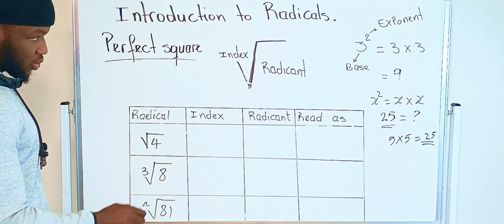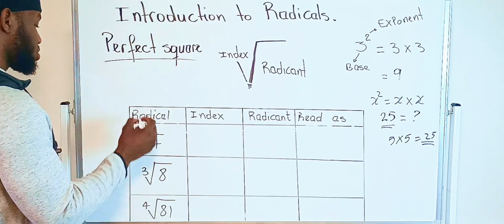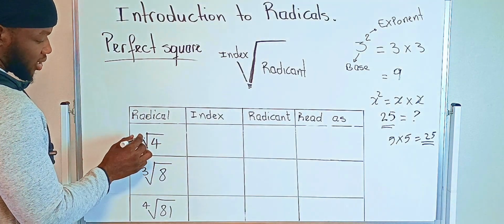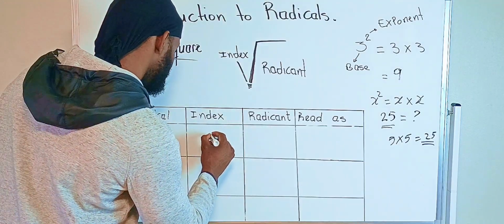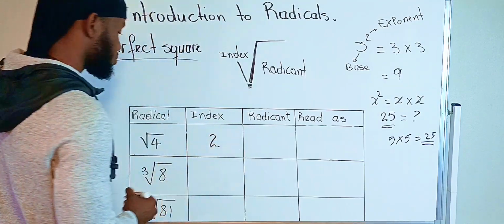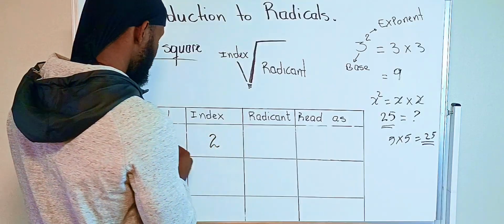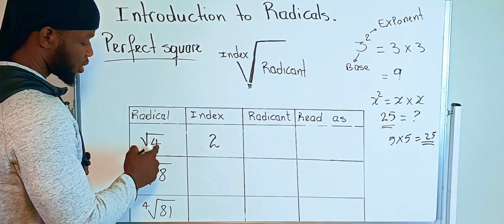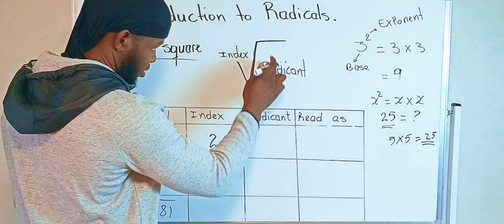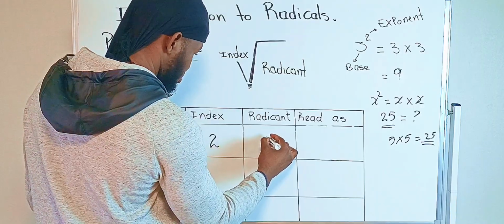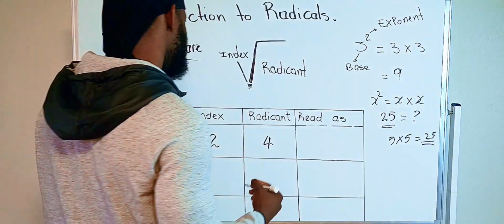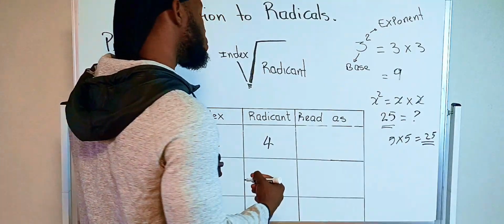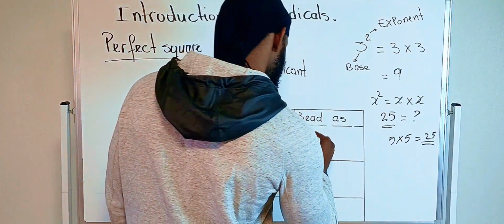When you see a radical symbol like that and you don't see anything over here, that means automatically the index is 2. The radicand is 4, because the radicand is the number under the symbol. We read this as the square root of 4.